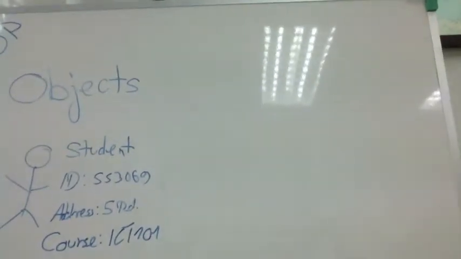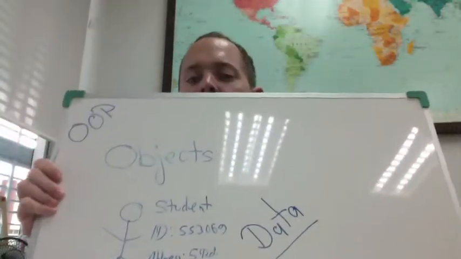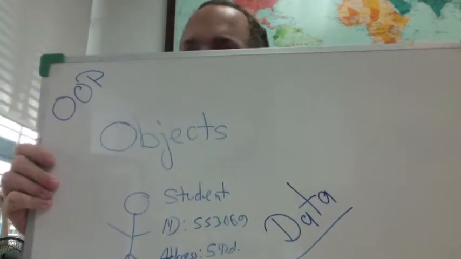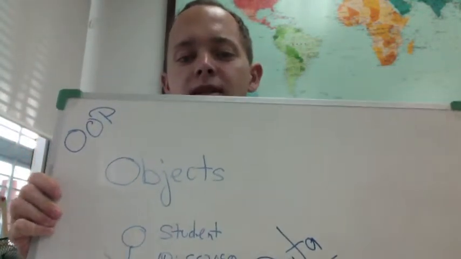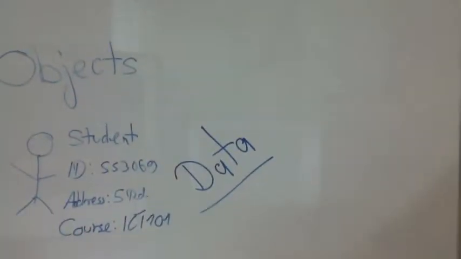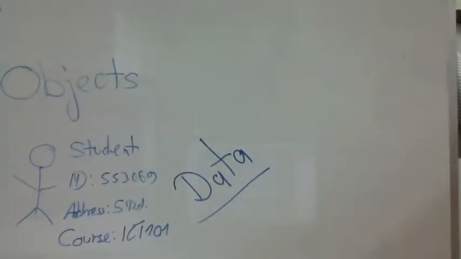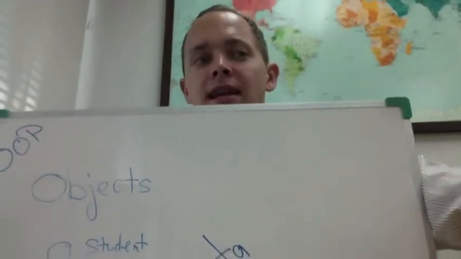And then you will add data to this object in order to define it. For example, a student name, the ID, the address, the course that he takes, ICT 101. That's all data that defines the object. That's important. We have the object and data that defines the object.